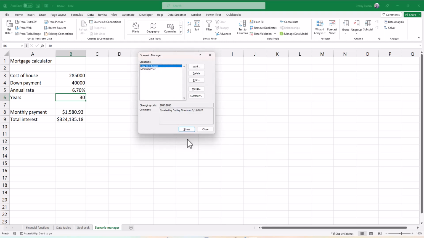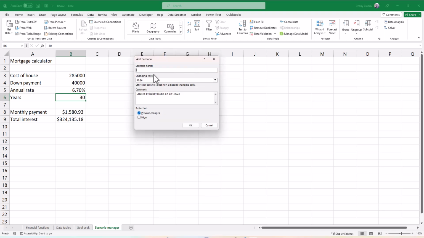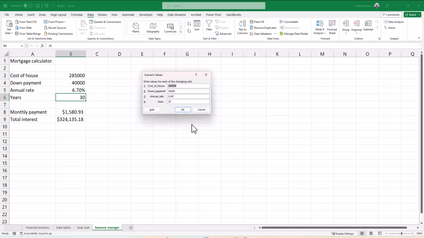If you click OK and you want to add another one, all you have to do is from the Scenario Manager, just click Add. So I'm going to click Add one more time. And this one we will call Mansion. I'm going to accept the same changing cells, and I'm going to click OK. This time our house is going to cost $800,000.